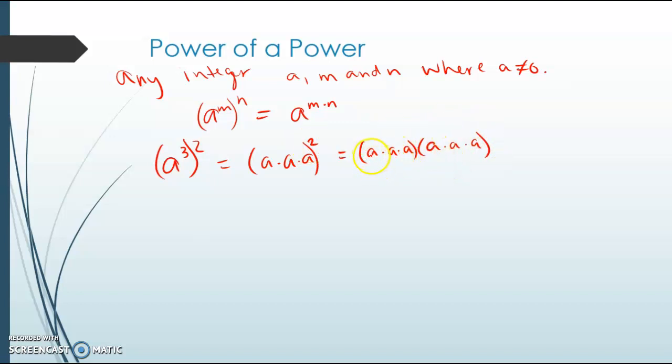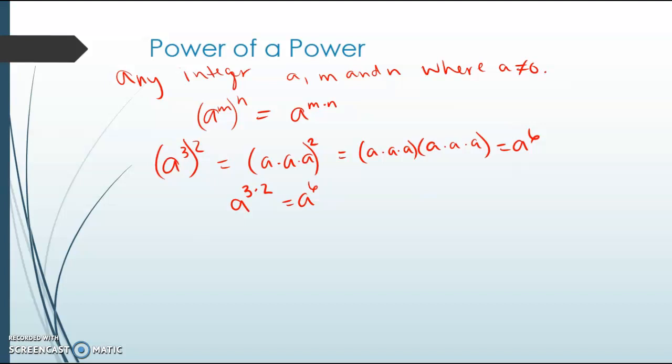And so then the number of bases I have, 1, 2, 3, 4, 5, 6, here I would have a to the 6th. So that is the same as taking a to the third power times 2 gives us a to the 6th as well. And so this is true for all when I have a power to a power.